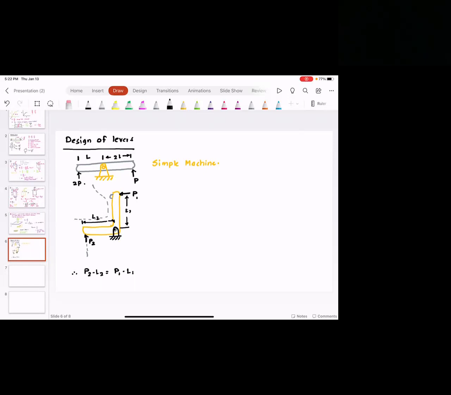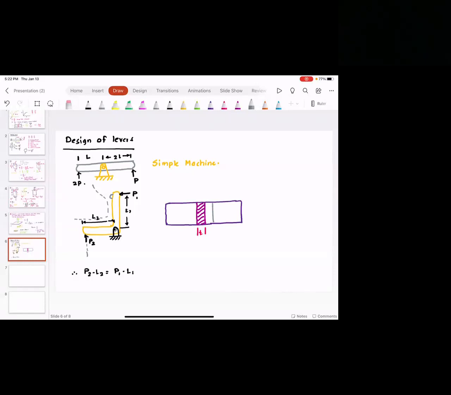So how do you design a lever? Now, the design of a lever is based on the principles of bending. So let me draw a lever here. This is the simple lever. And I'm going to show you something called the rotated cross section. This is a convention where the thickness is indicated in the same plane.